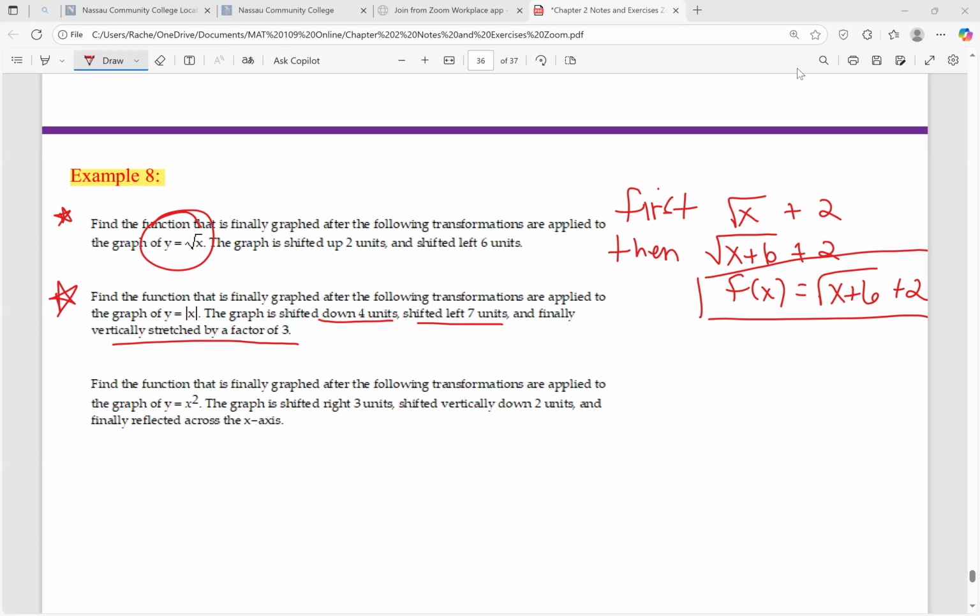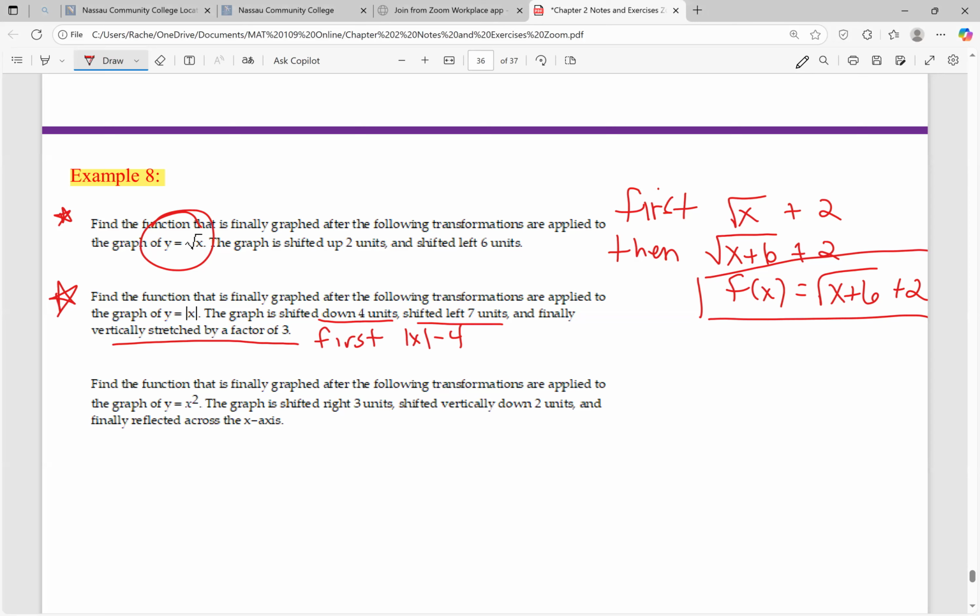So let's start first by shifting the graph down 4 units. So we're going to have absolute value of x, and then minus 4, right? Because that's going to shift the graph down by 4 units.